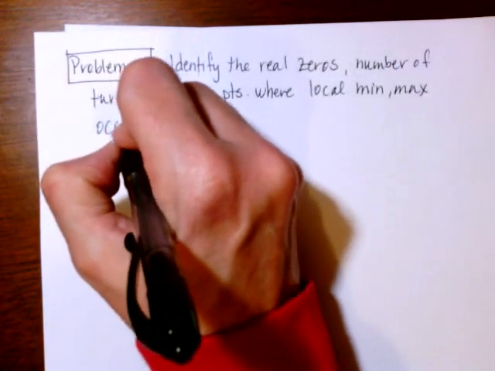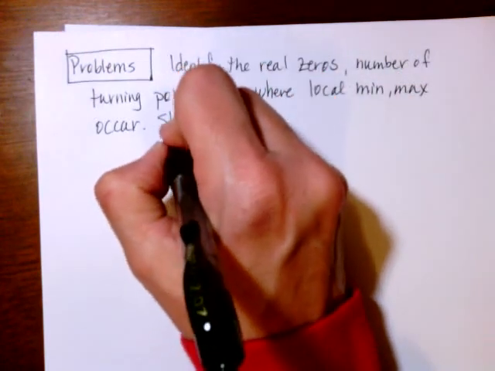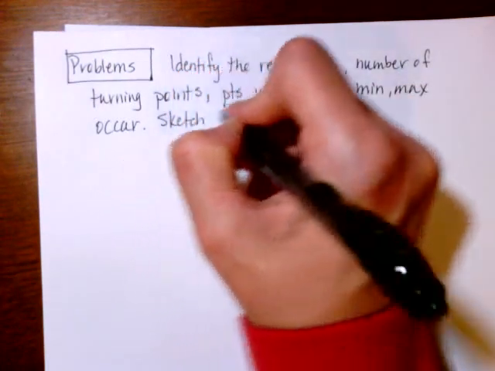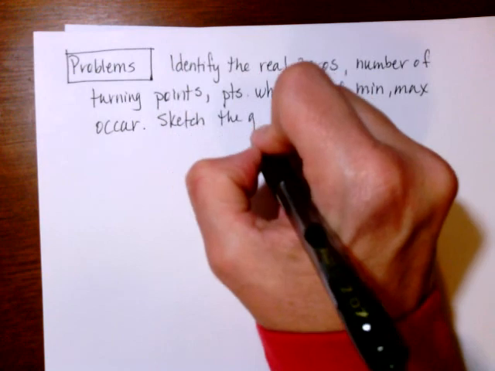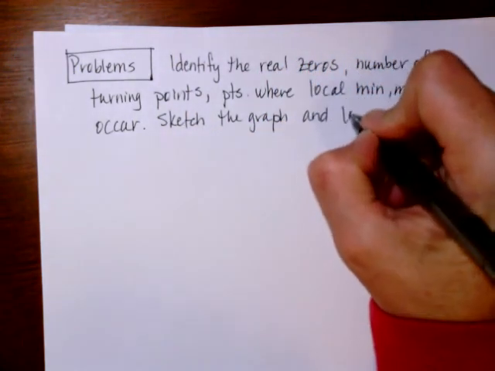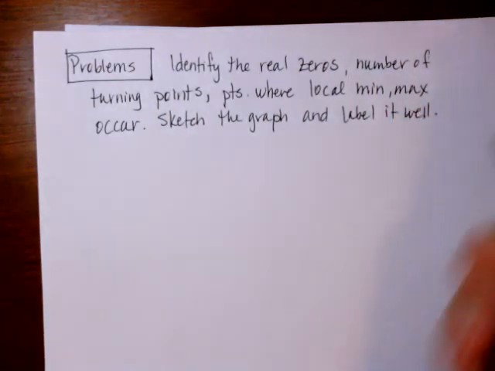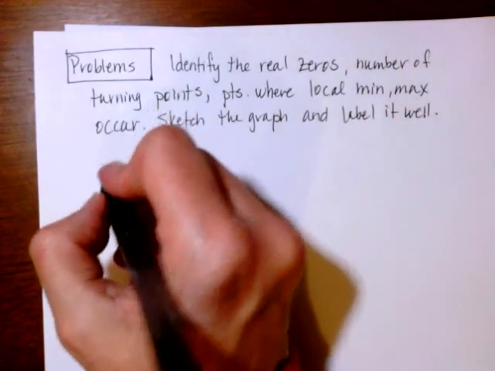Okay, so you can label those on your sketch and list them. I want you to sketch the graph and label it well. Okay, all right, so you're going to have 3 of these.